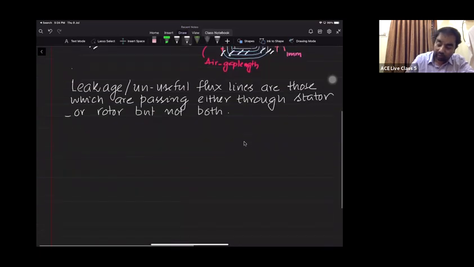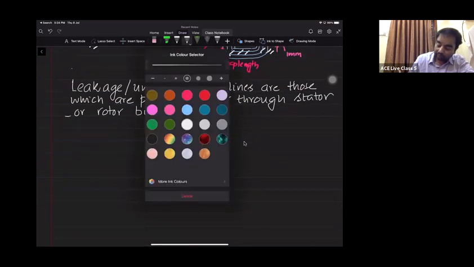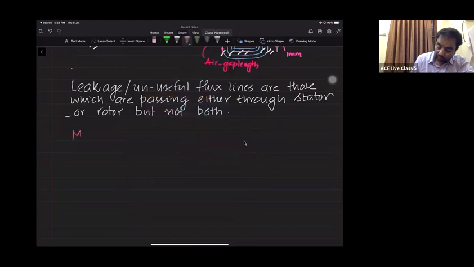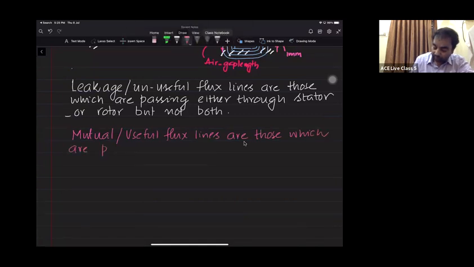So let me write the next point: mutual or useful flux lines are those which are passing through both stator core and rotor core.